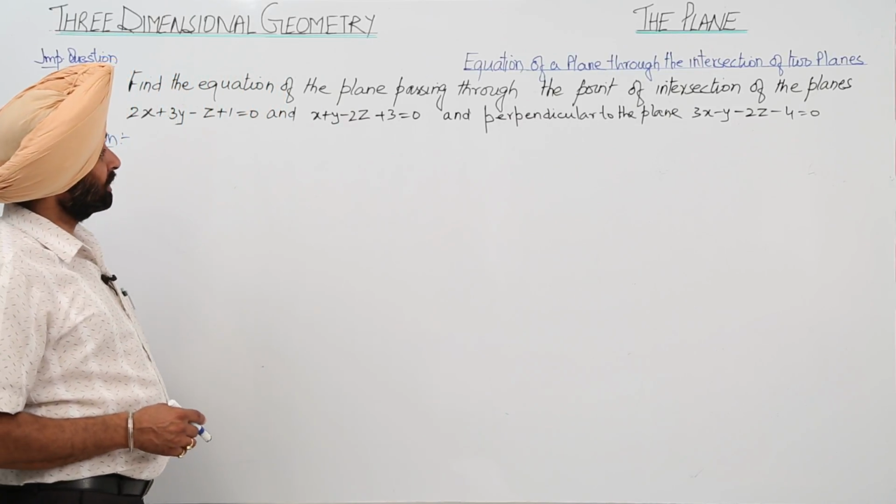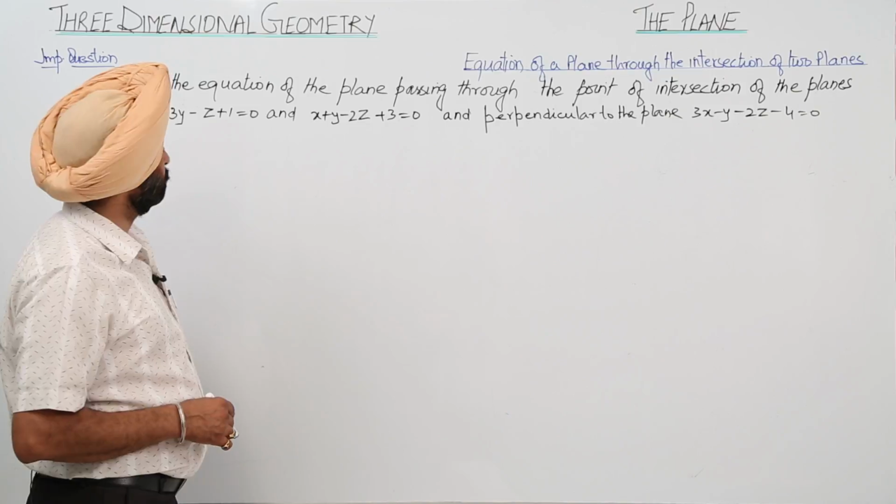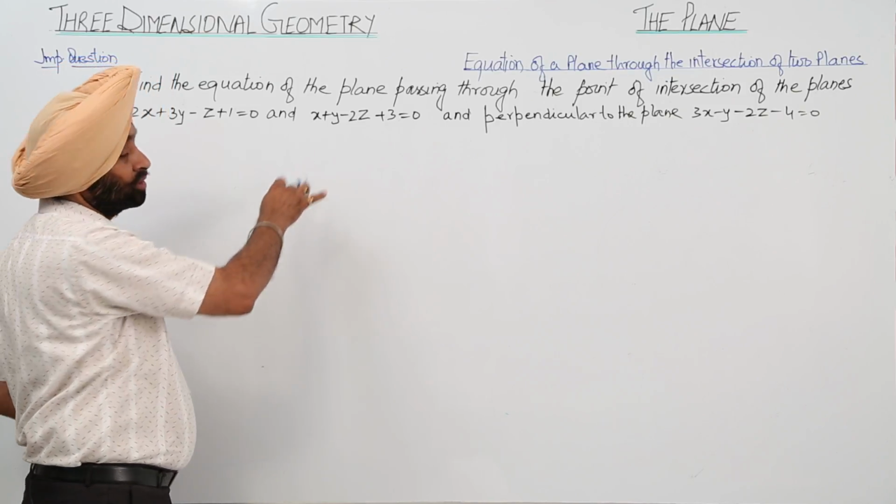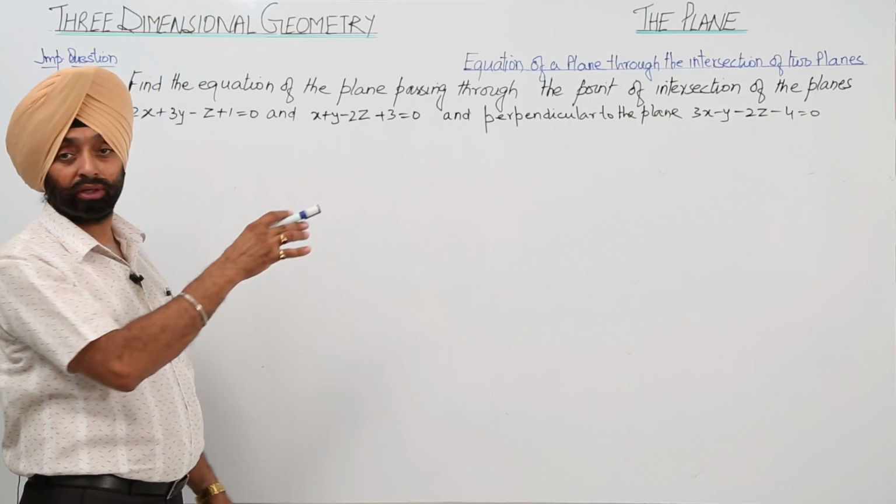Find the equation of the plane passing through the point of intersection of the planes. Equation of both the planes are given, and perpendicular to the plane.